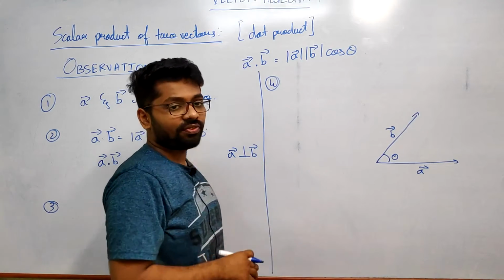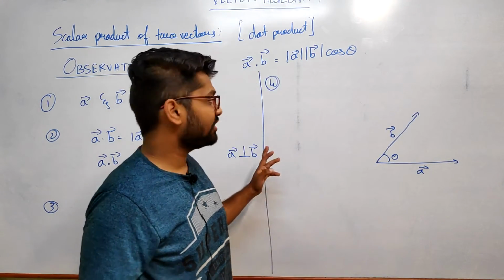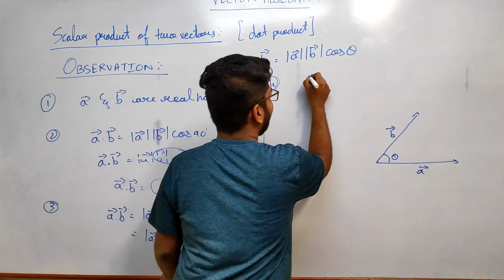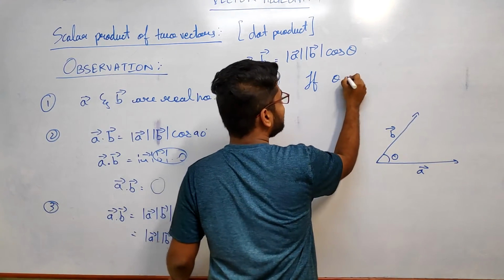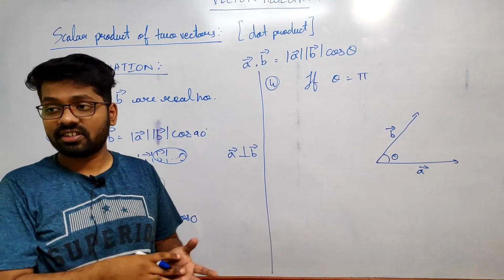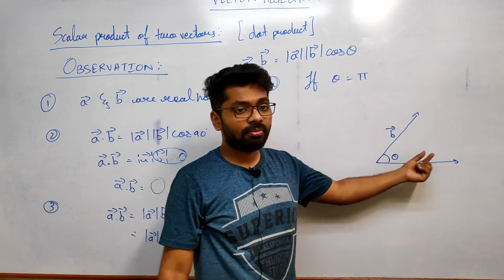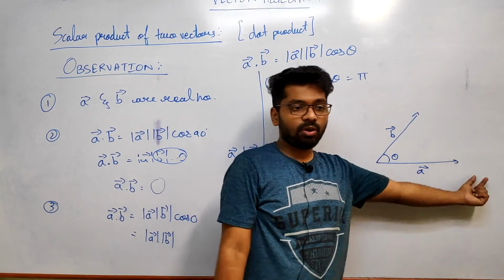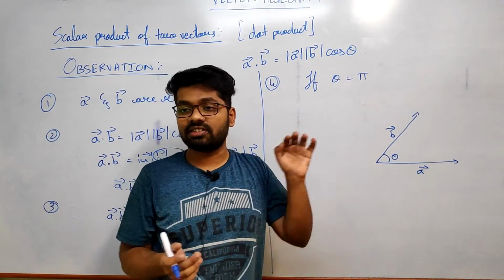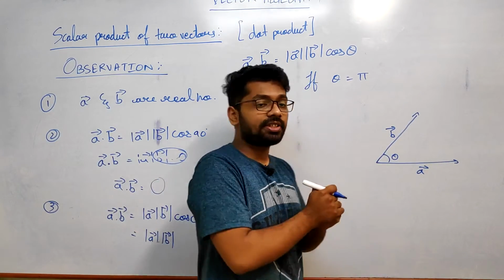Okay, now let us see the fourth observation. Just observe if theta is equal to pi. What does pi mean? 180 degrees, where your theta lies from 0 to pi, meaning your theta lies within 0 to 180. I am checking it for the extreme condition. We checked at 0, at 90, now we will check at 180.